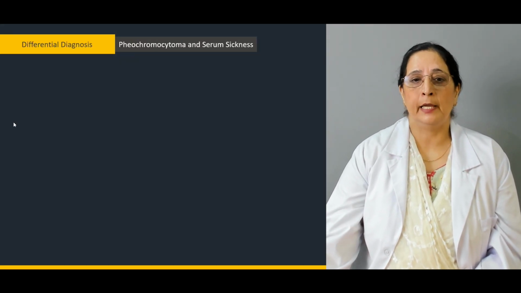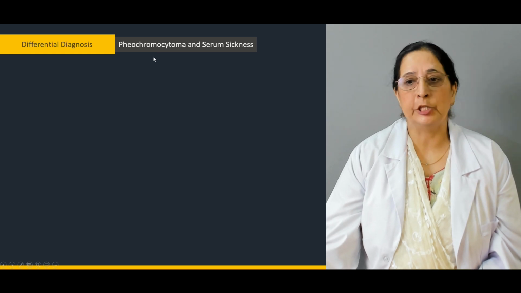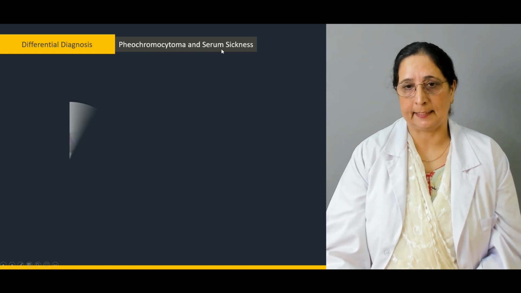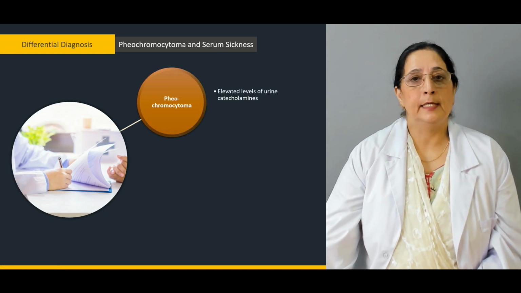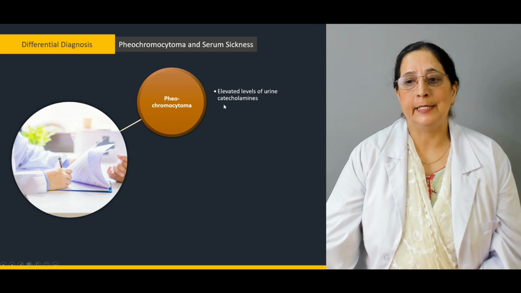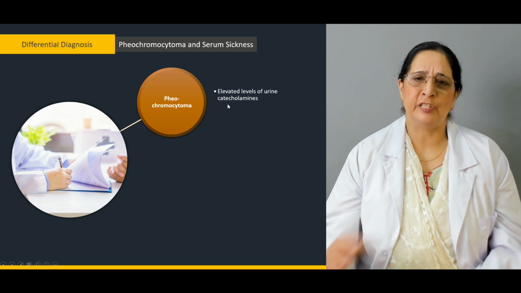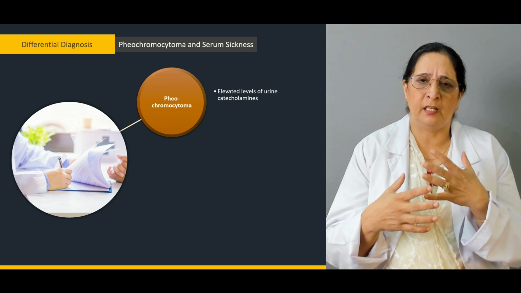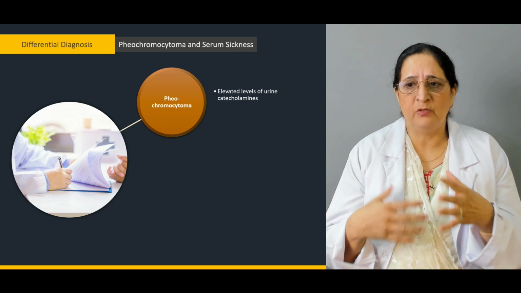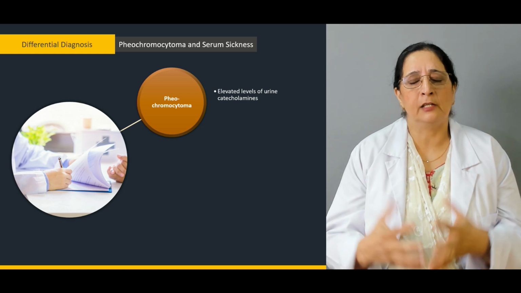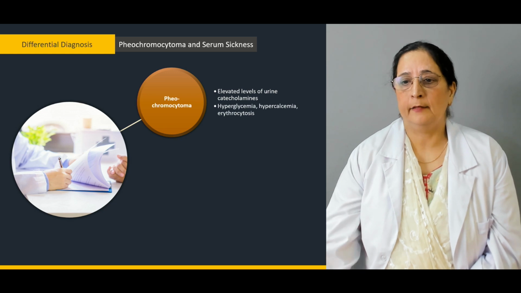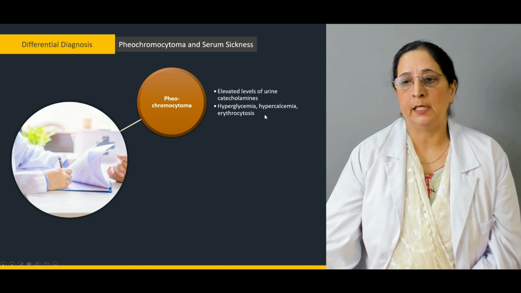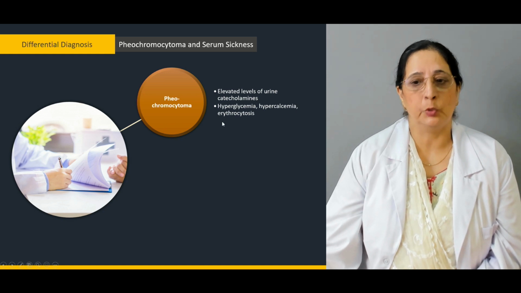Next differential diagnosis is pheochromocytoma and serum sickness. In pheochromocytoma, there is elevated level of urine catecholamines. The patient is anxious, confused. They have elevated level of catecholamines. That's the differentiating feature. And there is also hyperglycemia, hypercalcemia, and erythrocytosis.